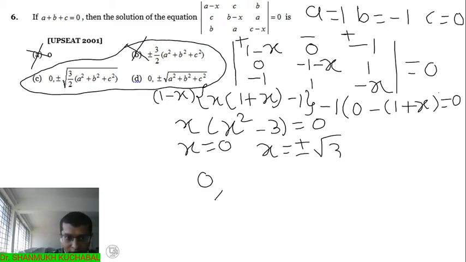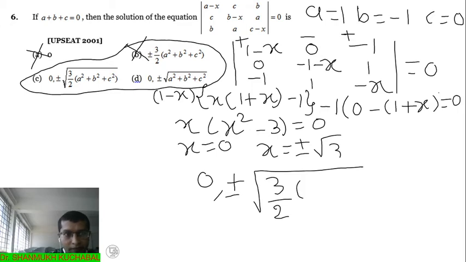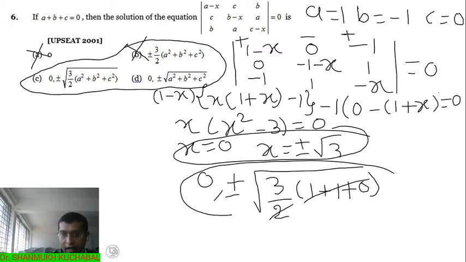So we get 0, plus or minus under the square root of 3 divided by 2 times the square root of A square plus B square plus C square. I take the value of A equal to 1. So 1 square is 1. B equal to minus 1. Minus 1 square is 1, plus 0. So 1 plus 1 is 2. The 2 cancels. We get 0 plus or minus root 3. Both of these answers are now similar. Therefore, option C is the right answer here.